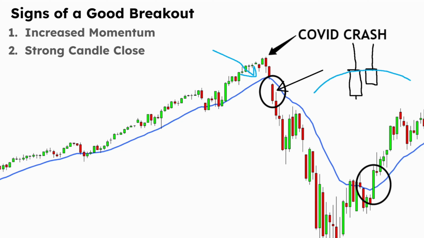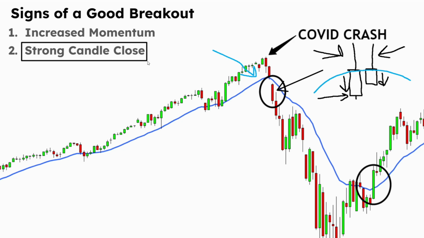Well, once again, we can see that one of the candles has a stronger candle close, meaning that the candle closes further below the moving average compared to this candle. So this candle is more likely to lead to a breakout compared to this candle. And this is exactly what we mean when we talk about strong candle closes. We want the candle to close either far below or high above the moving average.